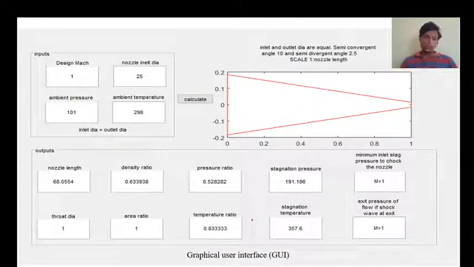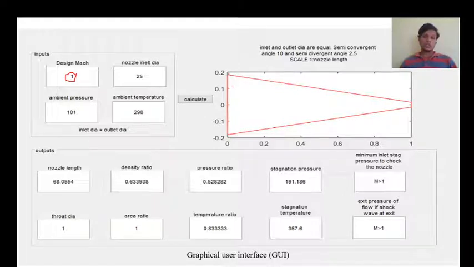And this is the total graphical user interface that was developed. Purposefully here we are showing that the design Mach number is 1. This is because generating a design Mach number of 1 at the exit of a convergent divergent nozzle is actually not possible. To generate Mach number 1, it is necessary to develop only a convergent nozzle.